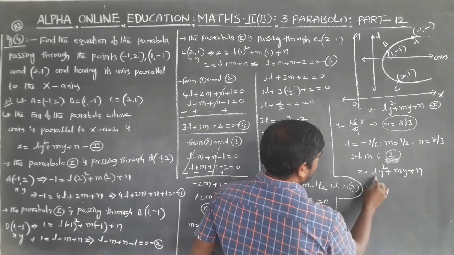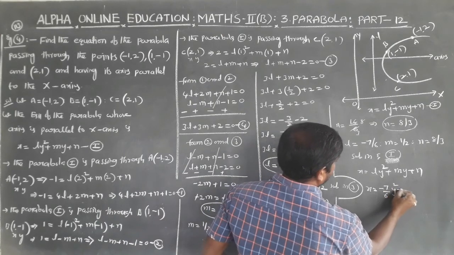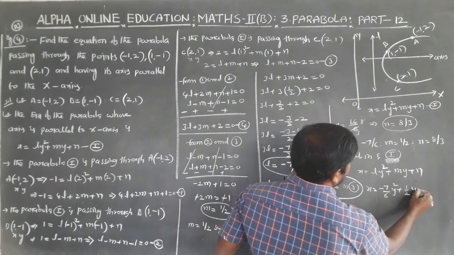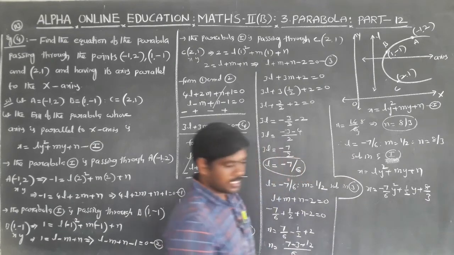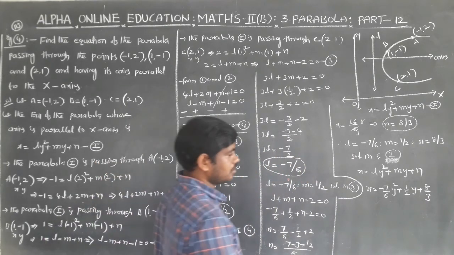x is equal to minus 7 by 6 y square plus 1 by 2 y plus 8 by 3. This is the answer.